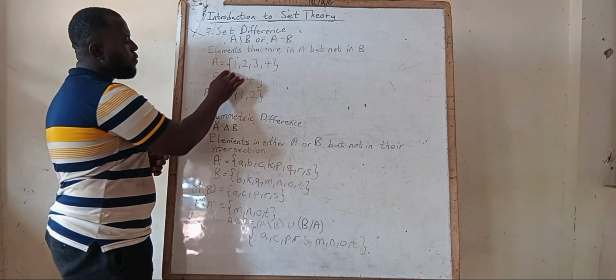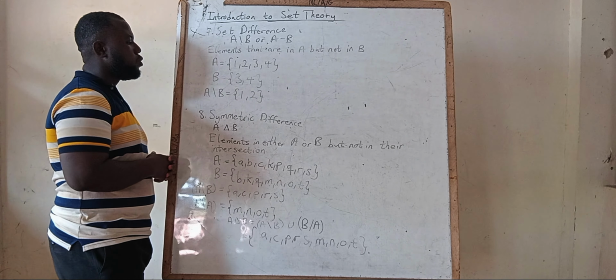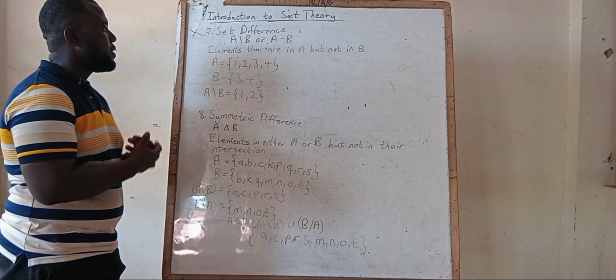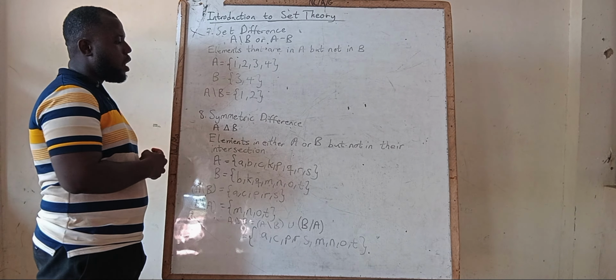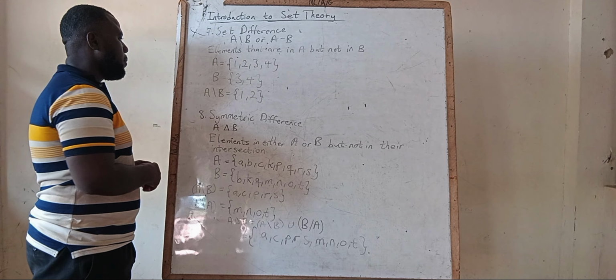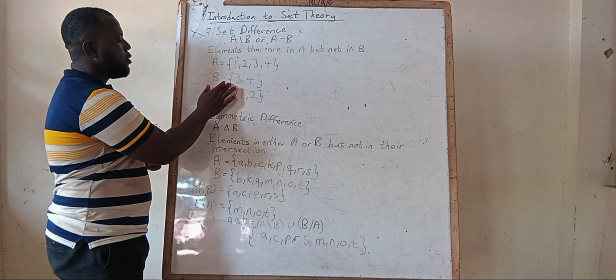We find that 1 and 2 are in A, but you can't find them in B. So the set difference of A and B will be 1, 2, because 1 and 2 can be found in A but cannot be found in B.